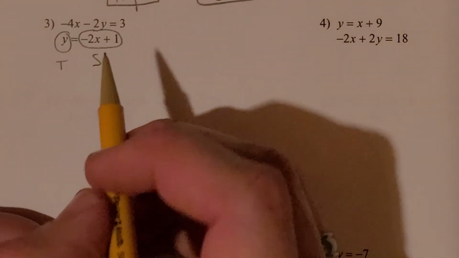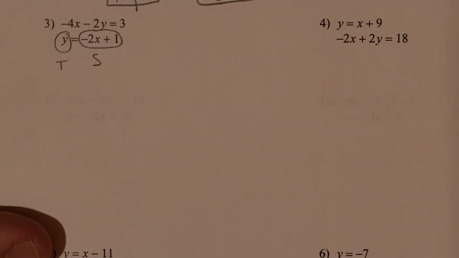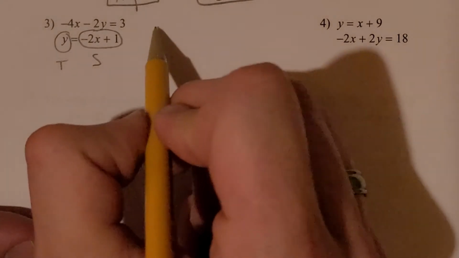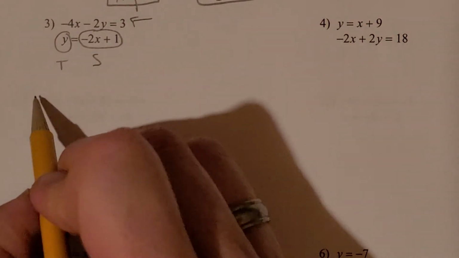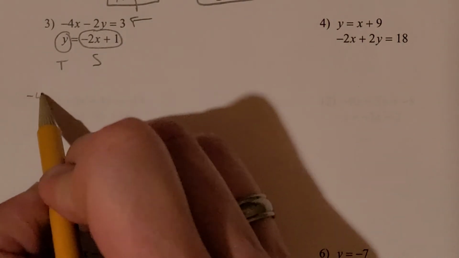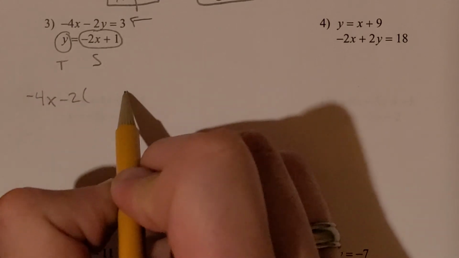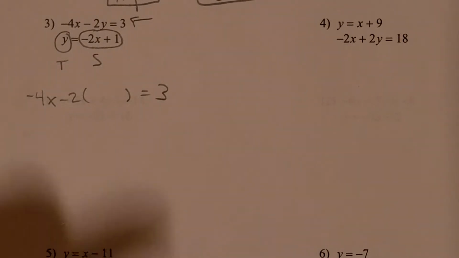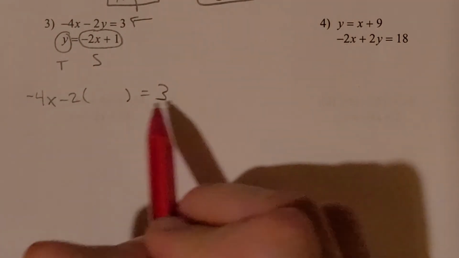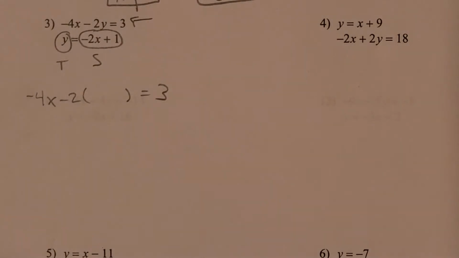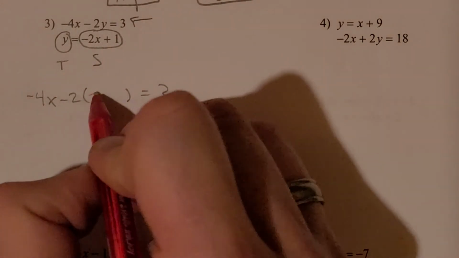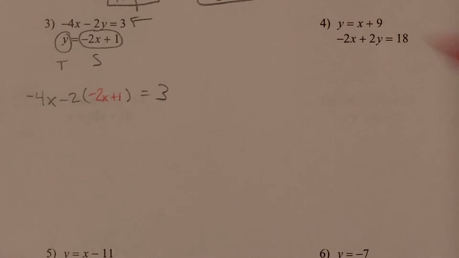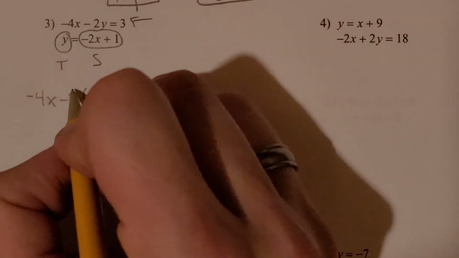All right, now it says plug in the substitute for the teacher and solve. So I'm going to look at my other equation. I am going to rewrite it, negative 4x minus 2y equals 3. But I took out my teacher. My teacher was y, so I rewrote that equation. It looks identical except for no y. And then I plug in my sub, and we solve.